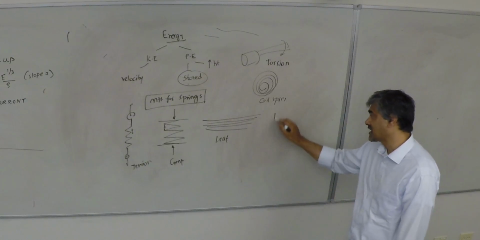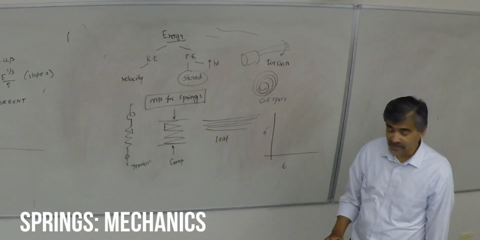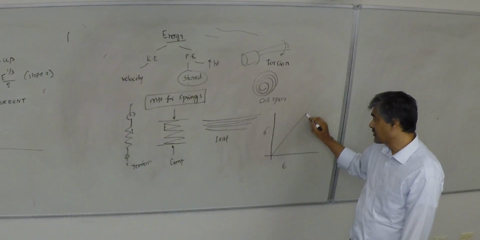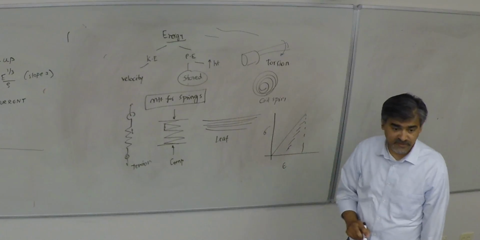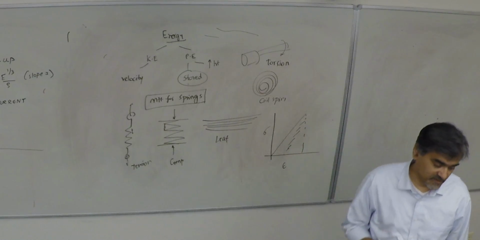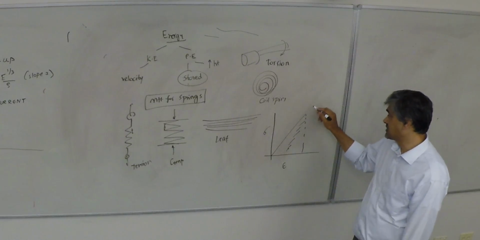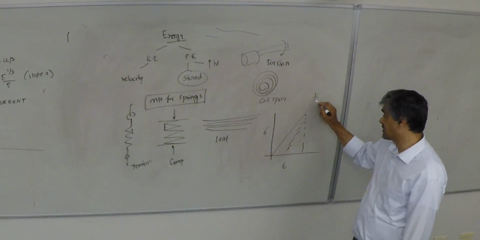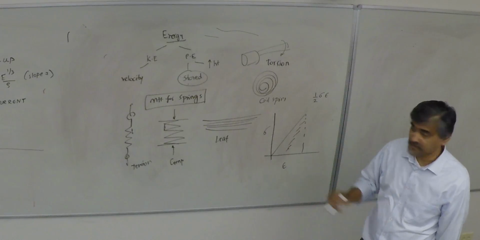So when you do these calculations, you always have to look at stress strain behavior, right? And then usually you're looking only at the elastic portion of the response. So this is a triangle. So basically, the energy here is 1/2 sigma epsilon, which is the area under the triangle.